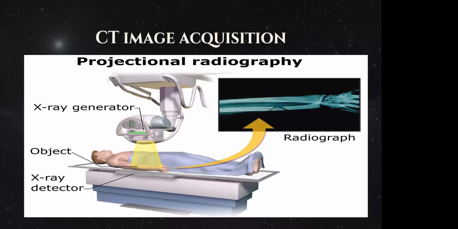X-rays pass through the patient and fall on an X-ray detector, which in the case of a radiograph is a film, and we see the images. The parts which allow the X-rays to pass appear black, like the lungs. They don't really give any hindrance to the passage of X-rays, so they appear black. On the other hand, bones will be white, as they don't allow X-rays to pass.